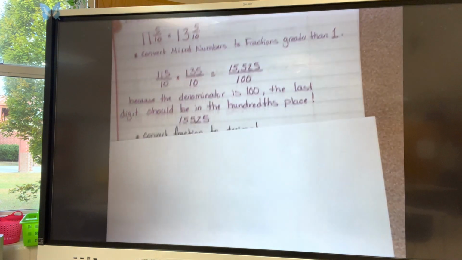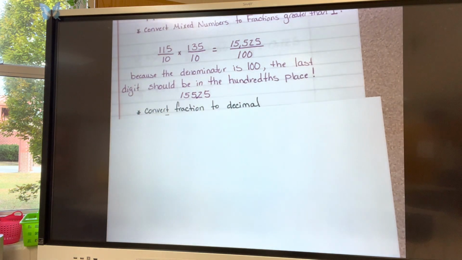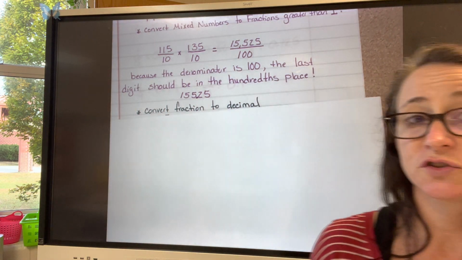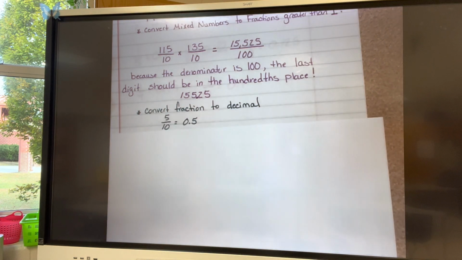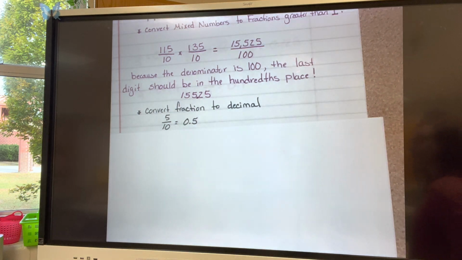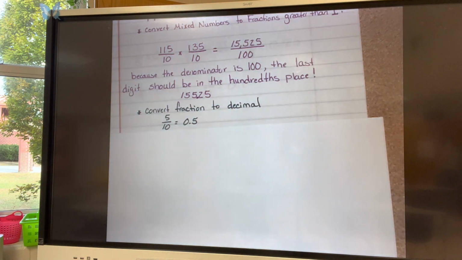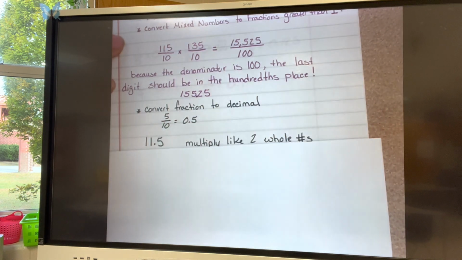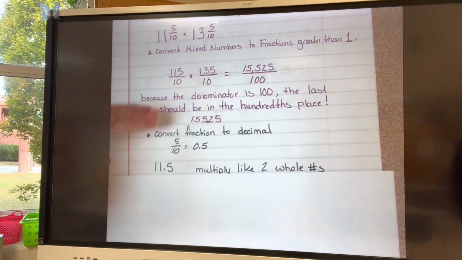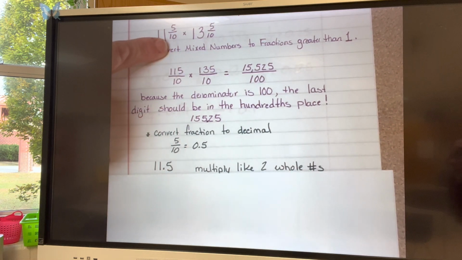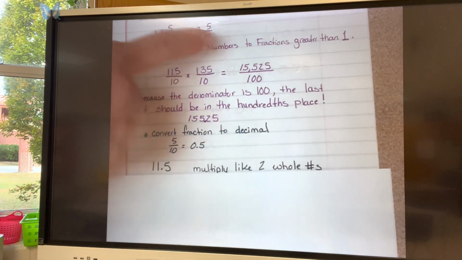All right, now here's the other way. We can convert our fraction to a decimal and then go ahead and do our multiplication. I know that 5/10 can be written as 0.5, and both of these fractions here are 5/10. So both of these would have a 0.5 after the 11 and the 13.